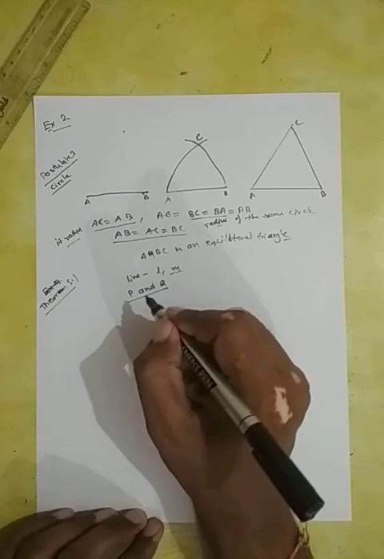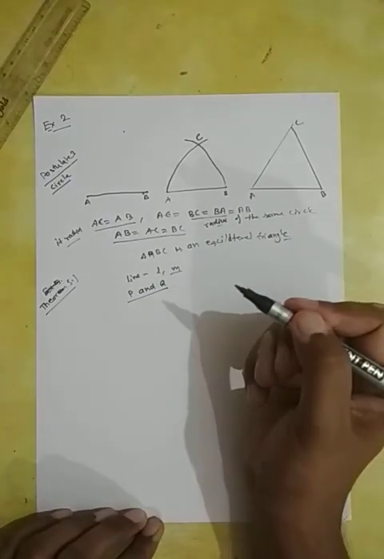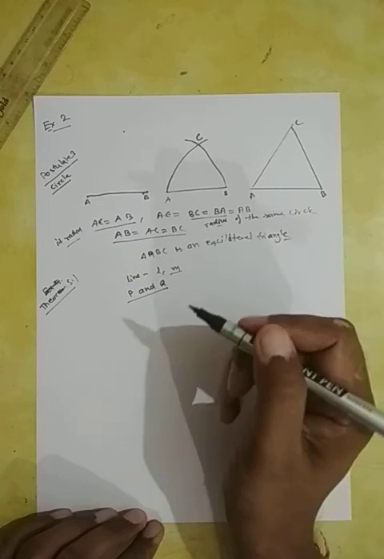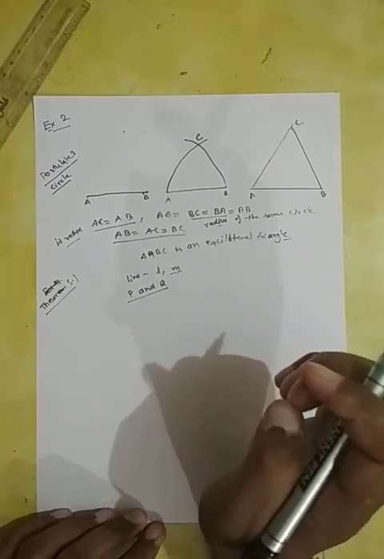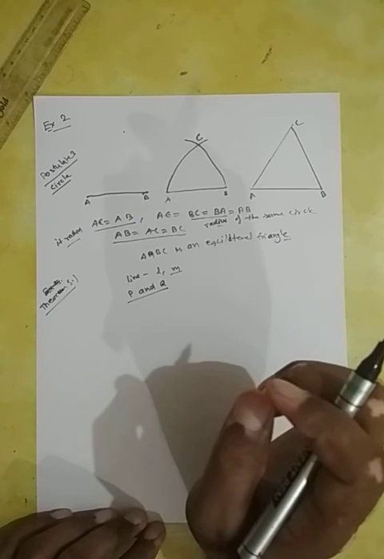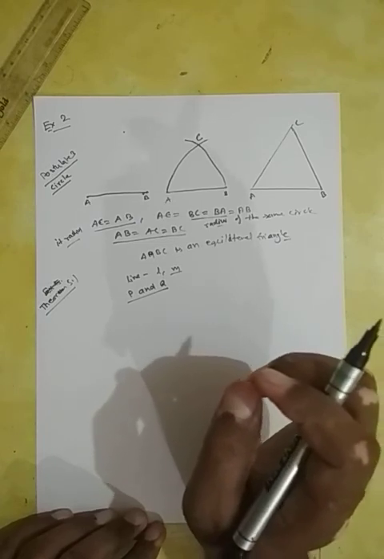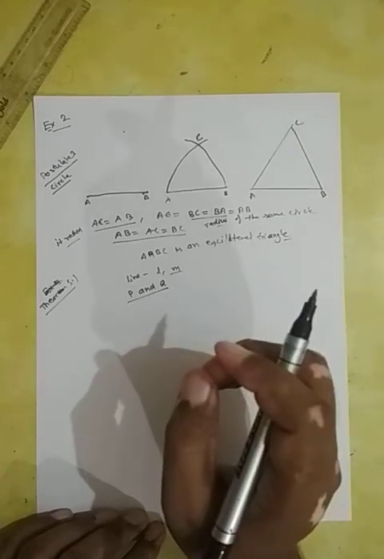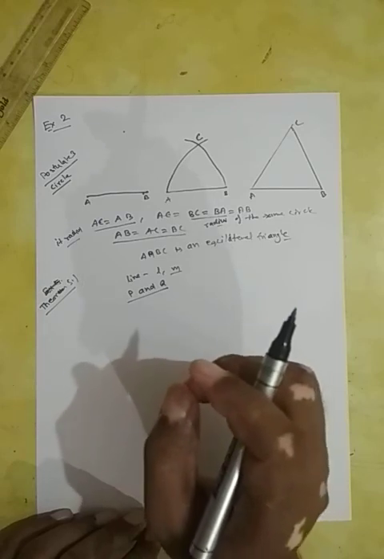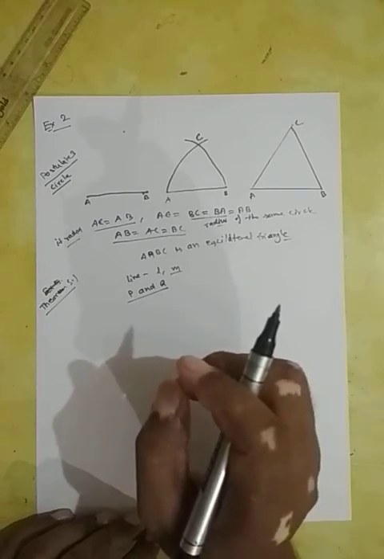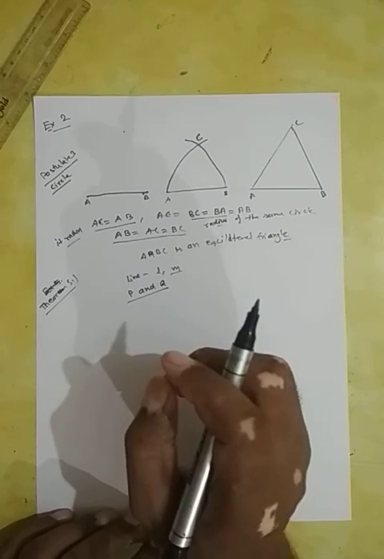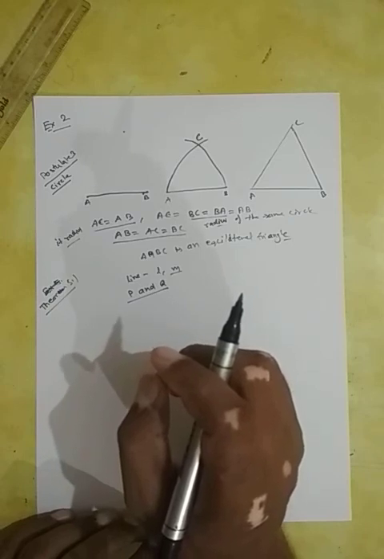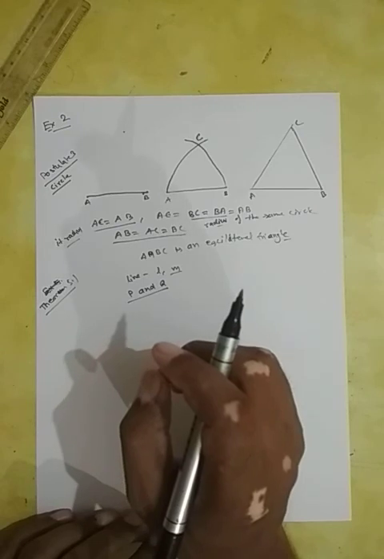Friends, two lines passing through two distinct points P and Q, but if we assume this, then the assumption clashes with the assumption that only one line passes through two distinct points.